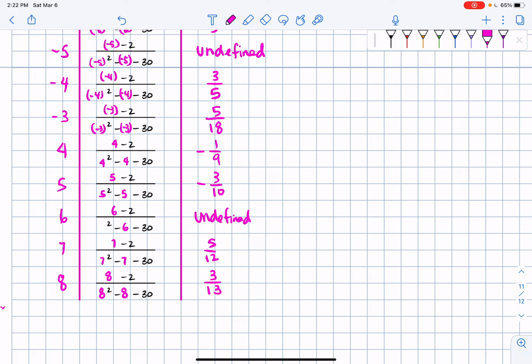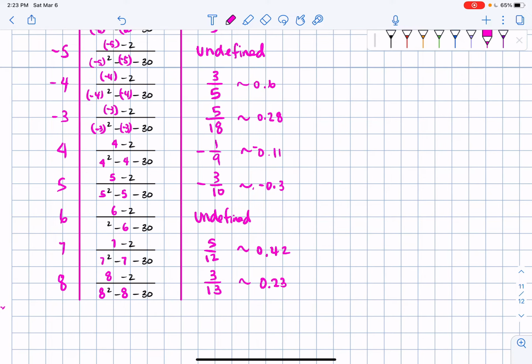Okay, so this is about 0.23. This is about 0.42. This is about negative 0.3. Negative 0.11. 0.28. 0.6. Okay.